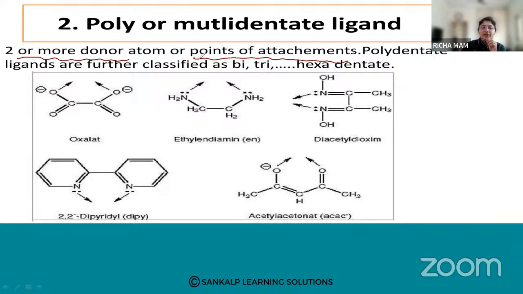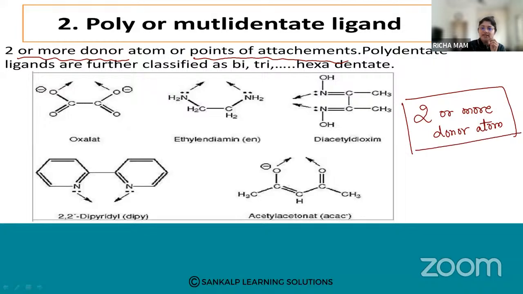When you have two or more donor atoms, or the points of attachment are more, they are termed polydentate ligands.